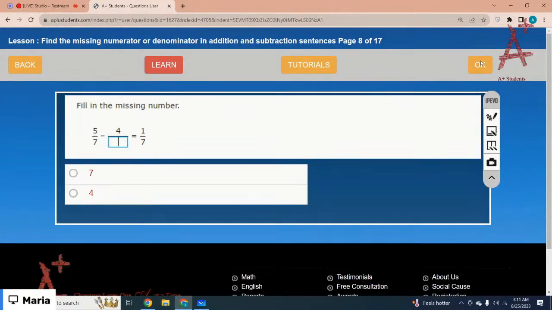Fill in the missing number. 5 over 7 minus 4 over missing number equals 1 over 7. So which is the correct option?